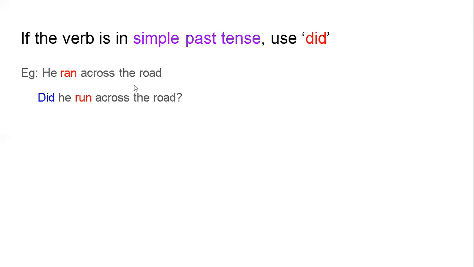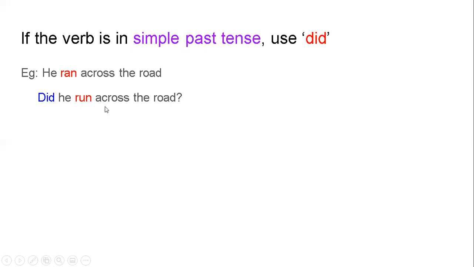And so you start with did, write the rest of the words as they are, but be very careful of the verb. Change the verb, like we changed the verb before when you had do, does, remember? So you change the verb again. Make ran into run. You cannot say, did he ran across the road? Did he run across the road?